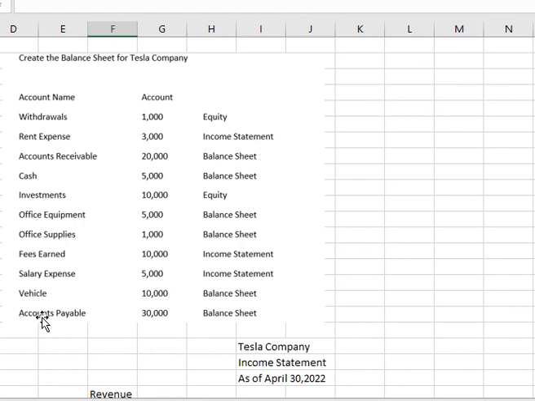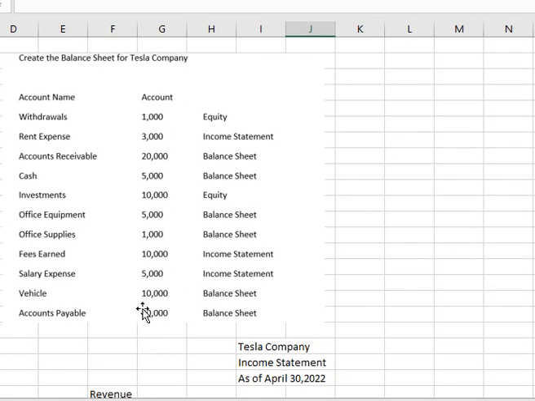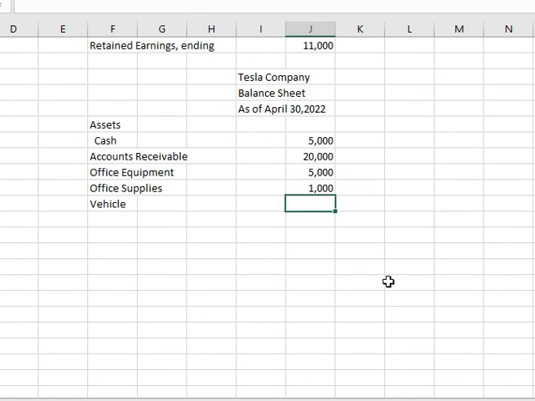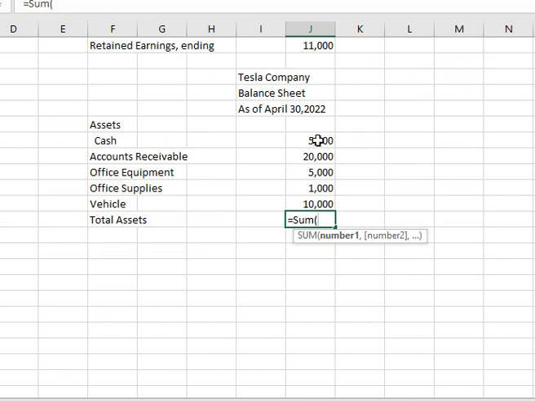The next one, we have vehicle. Vehicle, we know that this is 10,000. And now we put the total assets. We sum everything in here. And this is the total assets.